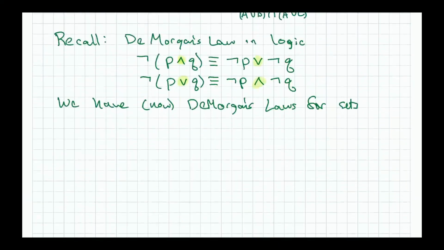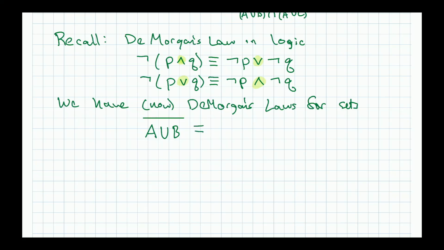So instead of a negation, you have a complement. So if you do A union B, there's no not symbol that makes sense for sets. So the equivalent of a not is a complement of the whole thing.